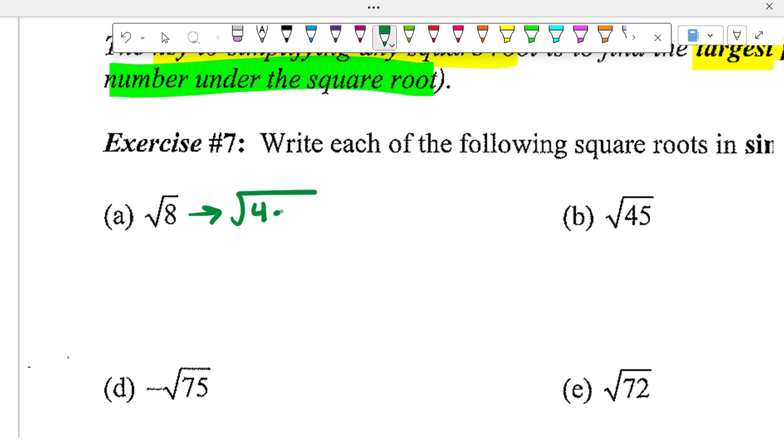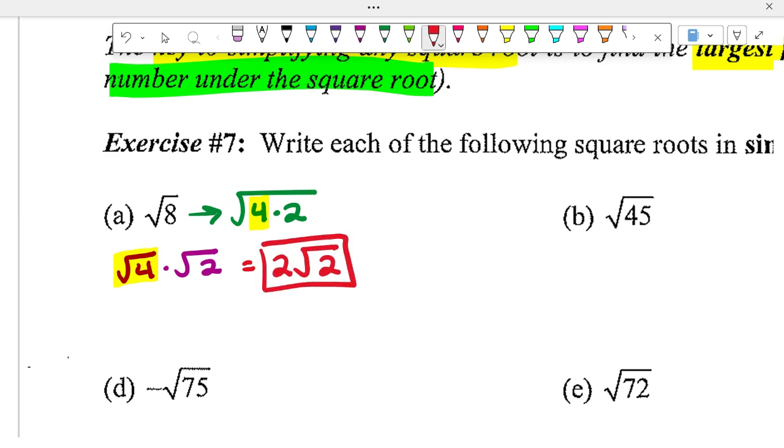So I'm going to rewrite this as 4 times 2 under the radical, where 4 is my perfect square. Now, what do I do then? Separate it. So I have the square root of 4 times the square root of 2. And then I just simplify my perfect square. What's the square root of 4? 2. So this is 2 square root 2.